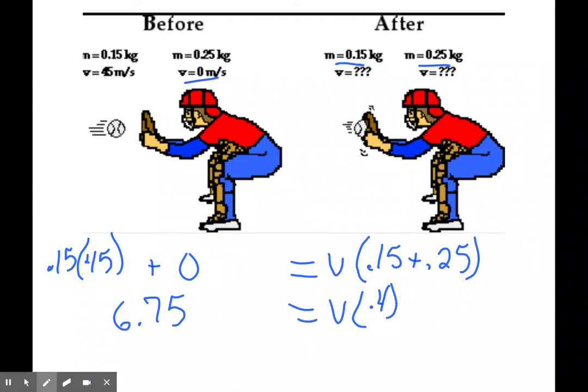So 6.75 divided by 0.4 is going to give us a velocity of 16.875. Now, one thing to watch, and on this one it wouldn't be that big a deal. The ball's moving this way, so if we called the ball positive over here, the motion would be positive on this side as well.